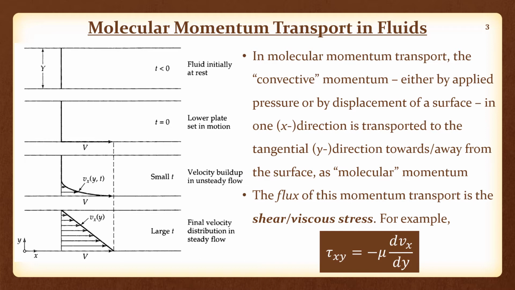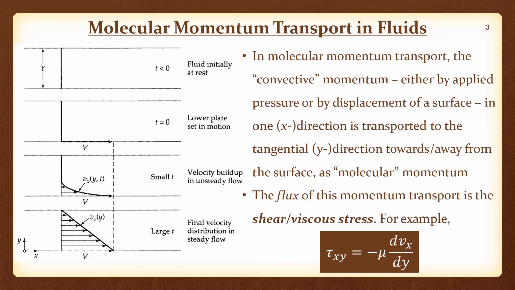But the very fact that there exists this velocity gradient, in other words, the momentum is transported from the surface through the fluid to the top, right? The velocity gradient that exists is a direct indicator that there is molecular momentum transport in the perpendicular direction, in the y direction, right?